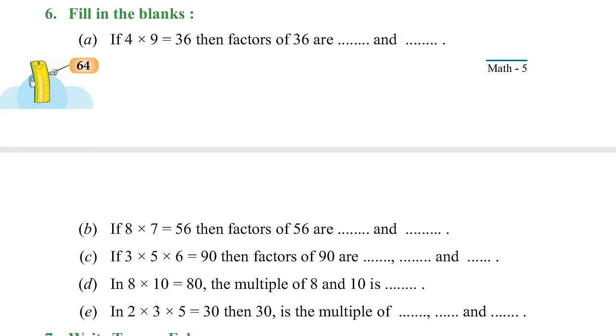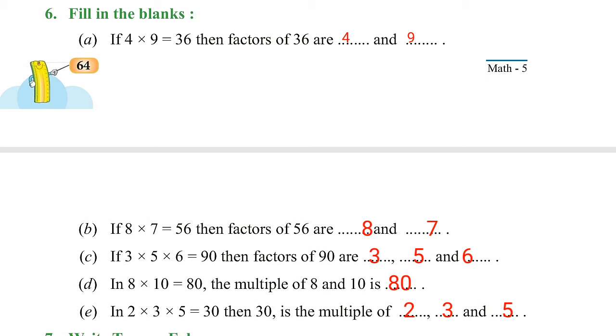Now sixth part is fill in the blanks. A part, if 4 into 9 is equal to 36, then factors of 36 are 4 and 9. B part, if 8 into 7 is equal to 56, then factors of 56 are 8 and 7. If 3 into 5 into 6 is equal to 90, then factors of 90 are 3, 5 and 6.